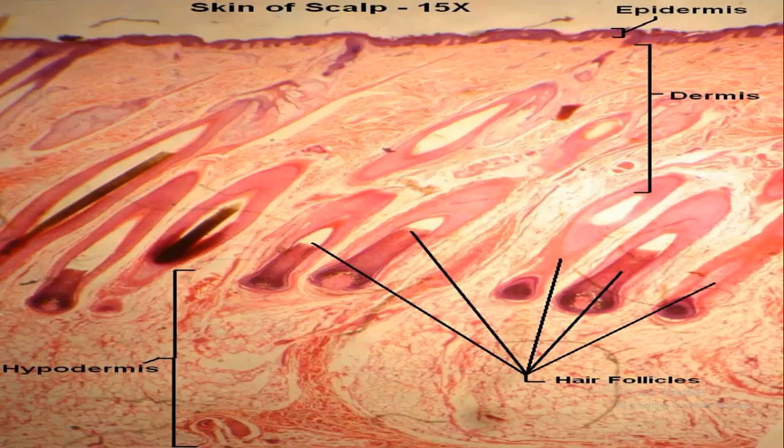When you view the sebaceous gland, you'll be able to draw the adjacent cells, 4 to 5 of them. The things that you need to label in those cells are the nucleus, the plasma membrane, the nucleolus, and also the cytoplasm.